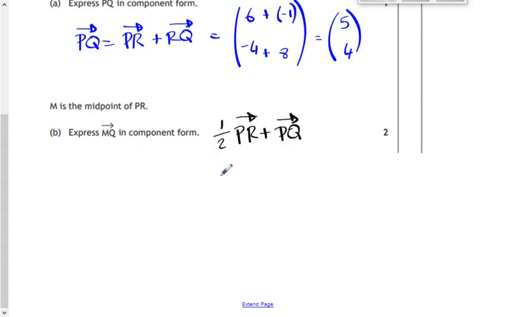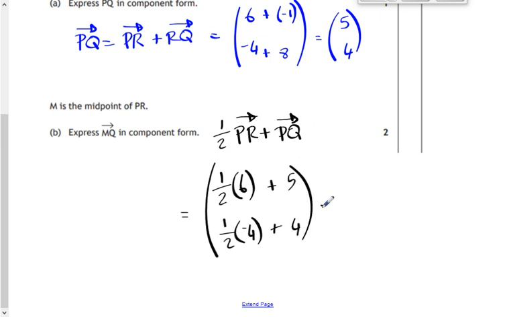Which gives us then, so PR was, so we want a half of 6 and a half of -4. And to that we're going to add on PQ, which is (5, 4), giving us 3 plus 5 is 8, and -4 halved is -2, plus 4 is 2. (8, 2) there.